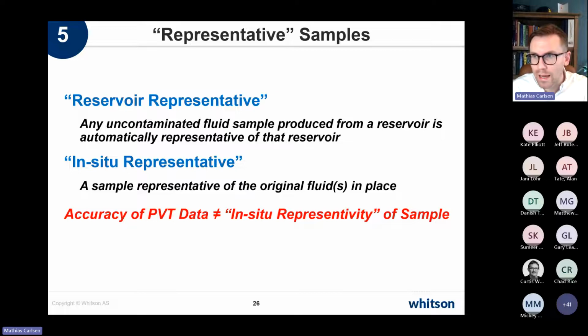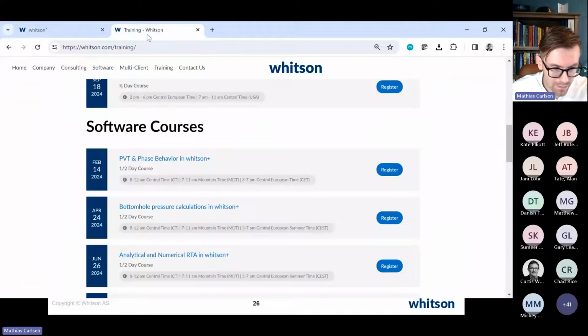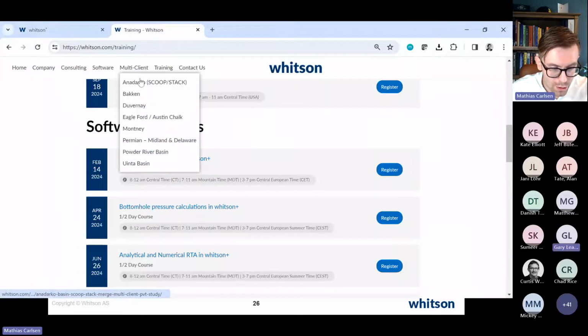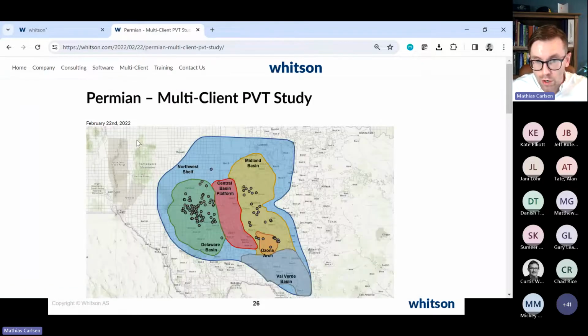And when you're dealing with building a model, Curtis has done this for 30, 40 years, and we've done this also for every single unconventional basin in North America, which maybe I didn't mention earlier. If you go to our webpage, you can see that for the Permian, we've taken a lot of PVT data from throughout the play, 200 plus PVT reports, and we've created a so-called PVT model.